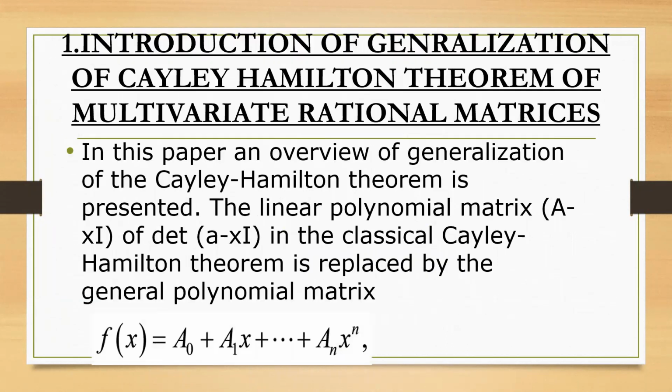It is the continuation of the first subtopic, introduction of generalization of Cayley-Hamilton theorem of multivariate rational matrices. In this slide, an overview of generalization of Cayley-Hamilton theorem is presented.